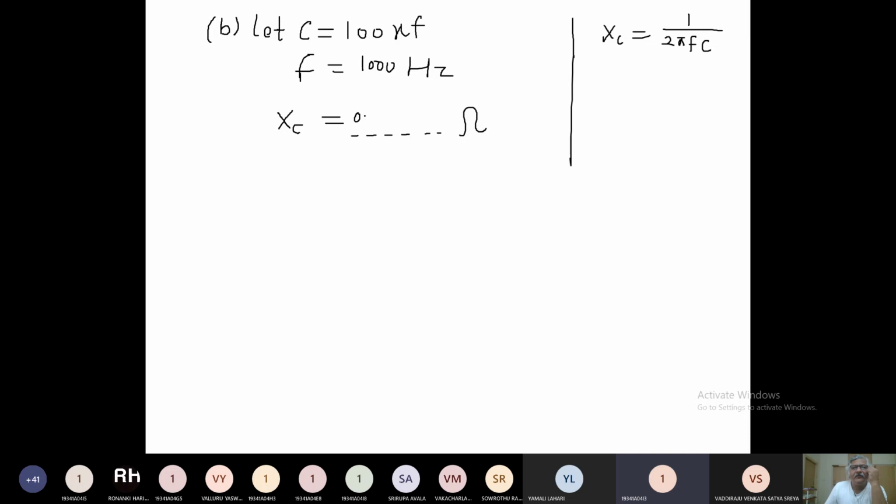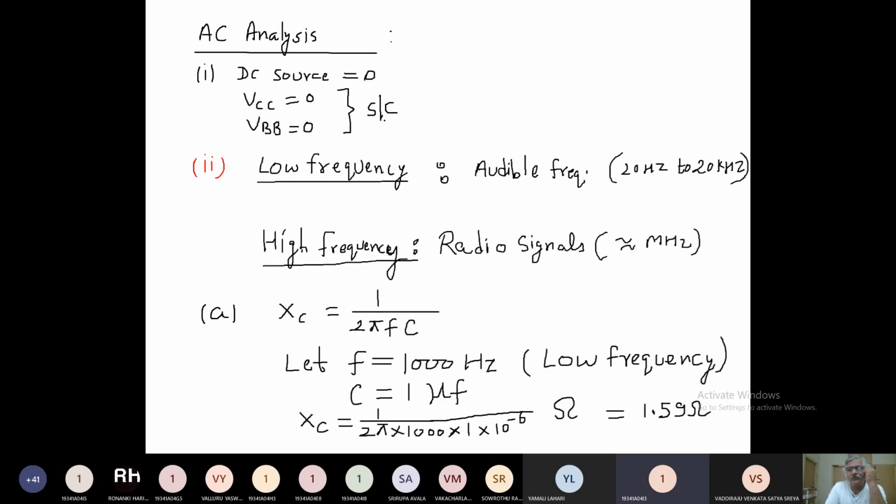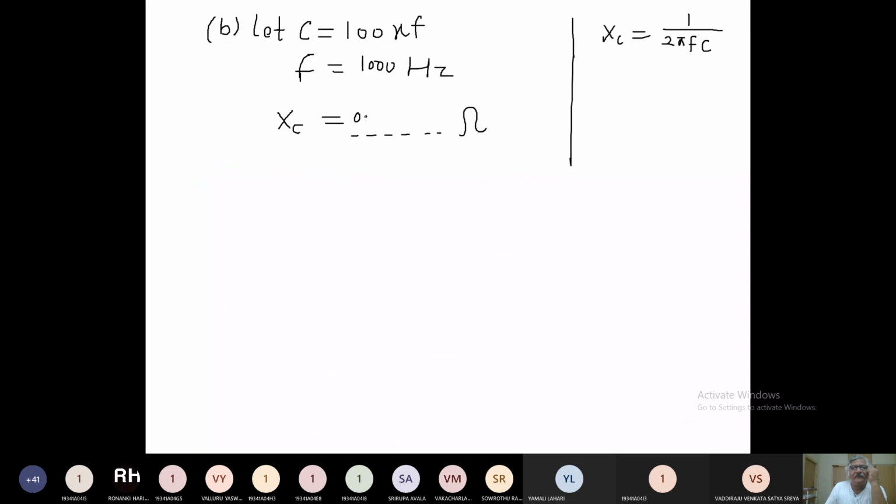0.159. No, 0.0159. Right? Now you see the capacitive reactance is very small, 0.0159, right?